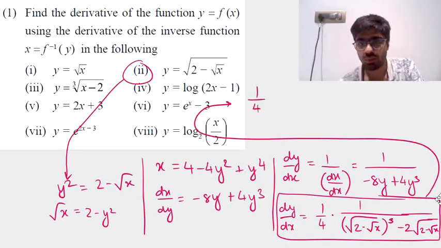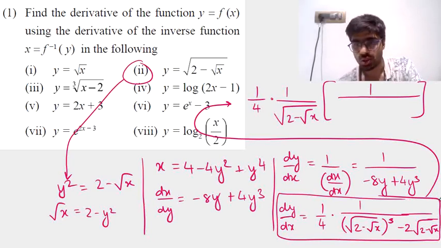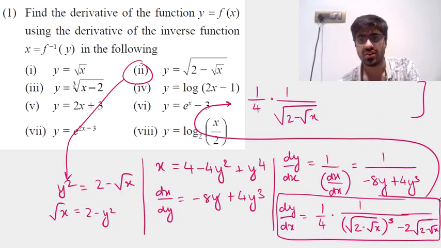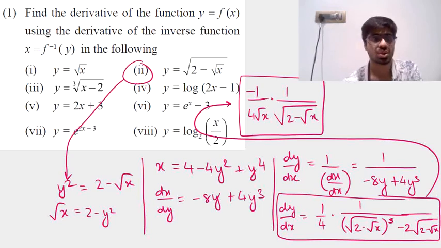So we are going to have 1 upon 4 into 1 upon root over 2 minus root x, and in the denominator, square the bracket, so you will have 2 minus root x minus 2, and that will be written as minus root x. So we have minus 1 upon 4 root x, and this is how the final expression of dy by dx is going to look for this question.